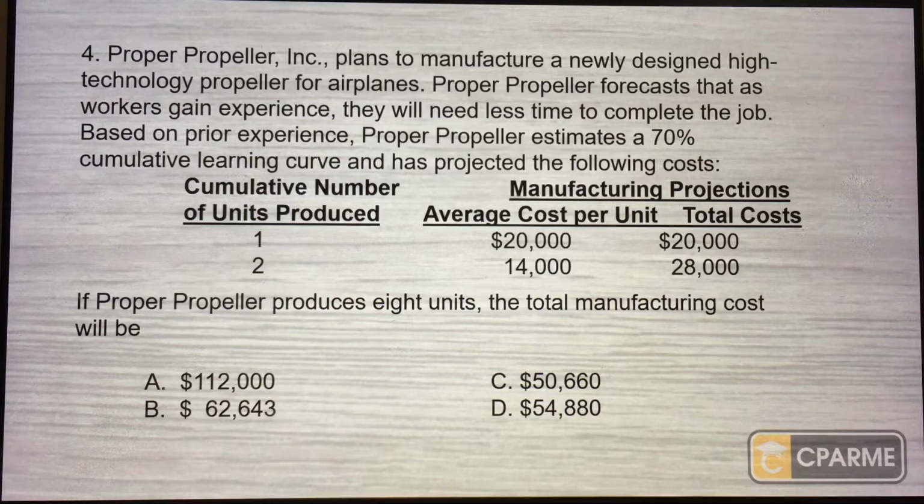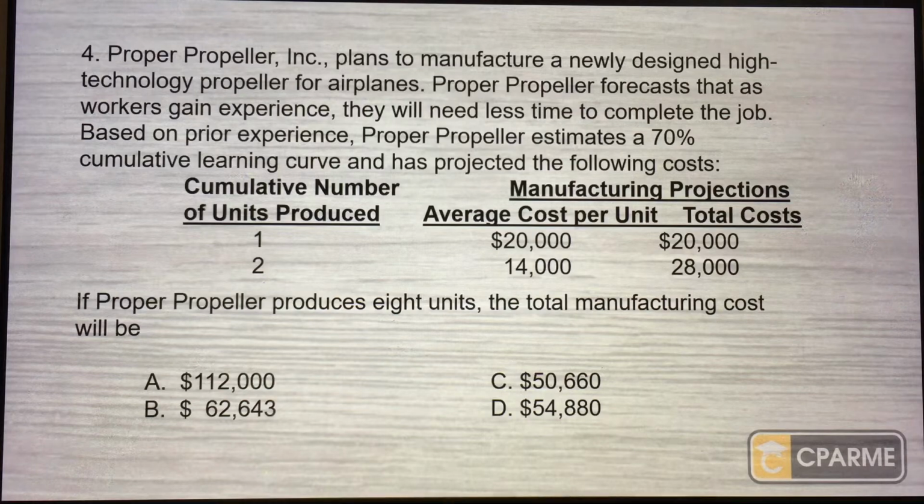How did we get that 14,000 average cost per unit? We multiplied the learning curve rate of 70% by 20,000, so 20,000 times 70% is 14,000. And how did we get the 28,000 total cost? 14,000 times 2. We just need to continue so you can determine the total manufacturing cost for 8 units: 1, 2, 4, 8, and then 14,000 times 70% times 70%.